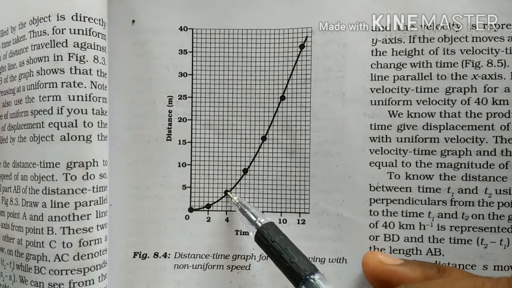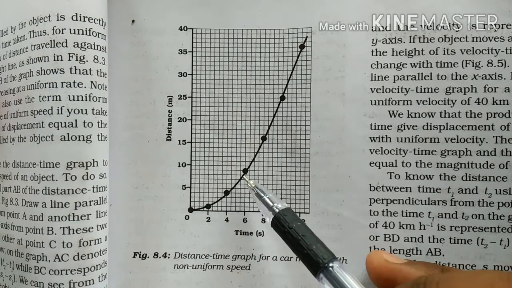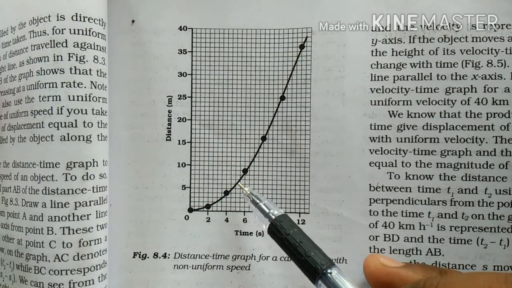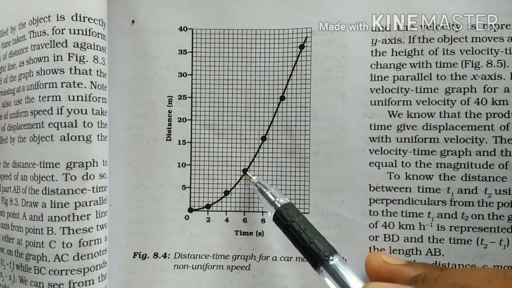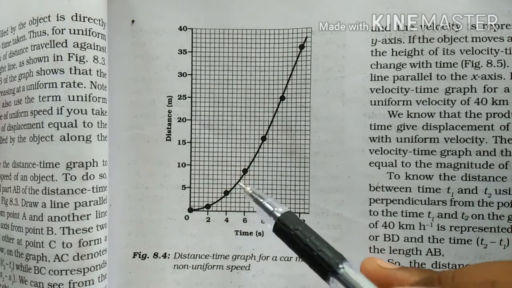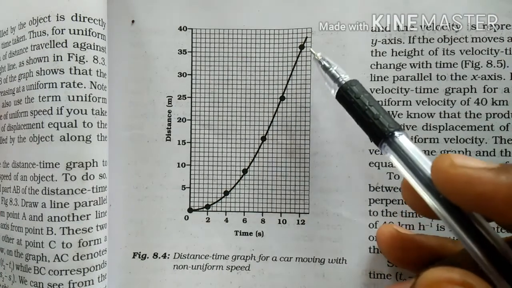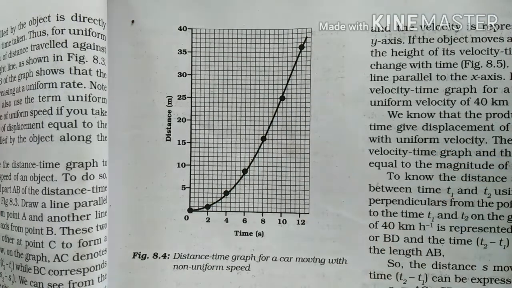After 2 seconds it covered 4 meters. Then after 2 seconds it covers 5 meters. After 2 seconds it covers 7 meters, and in this way the car is moving with non-uniform speed.